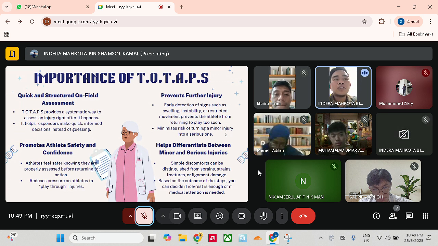By doing TOTAPS, you can differentiate whether your patient has a minor or serious injury so that you can tell them all of the information about the injury that occurred. So that is the importance of TOTAPS.